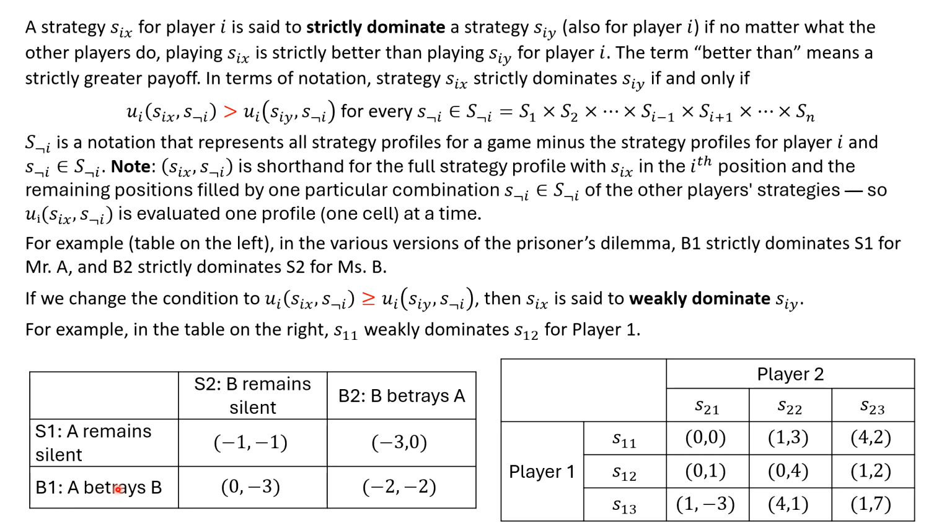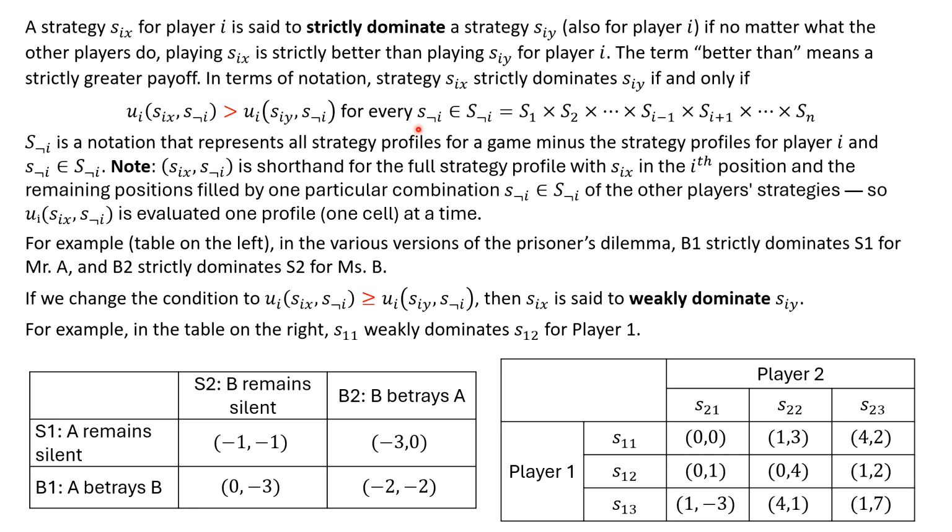So player 1 is always better playing this strategy B1. In a similar way, we can look at player 2, but we need to look at the second term in the tuples here. So we see that 0 is greater than -1 and -2 is greater than -3. So strategy B2 strictly dominates strategy S2 for player 2.